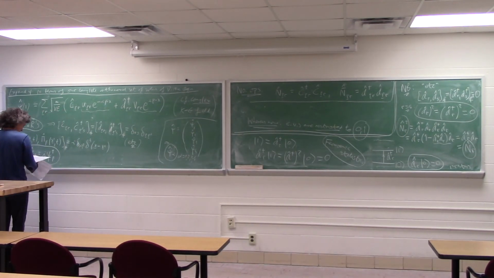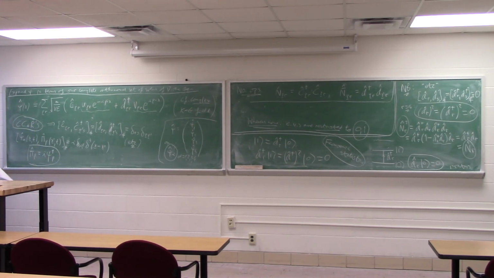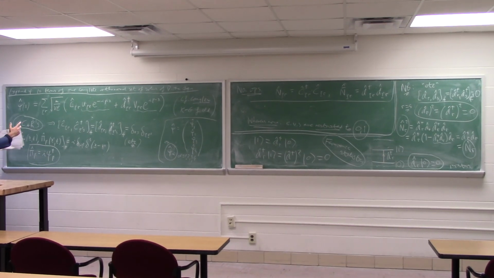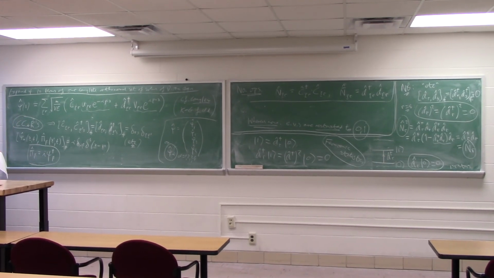So the upshot of this, what have we done? We've expanded the Dirac field in terms of our complete set of orthonormal plane wave states. We've promoted the field to an operator.